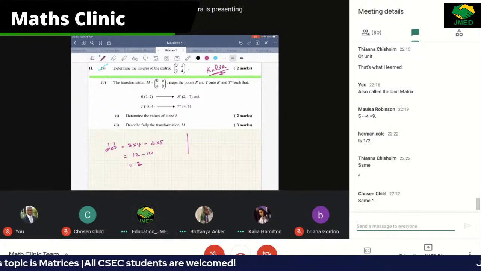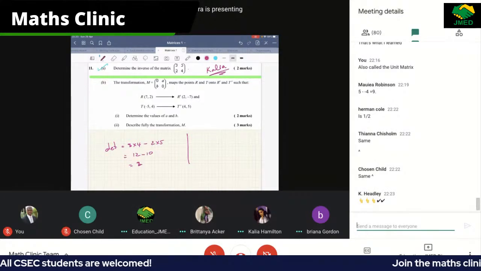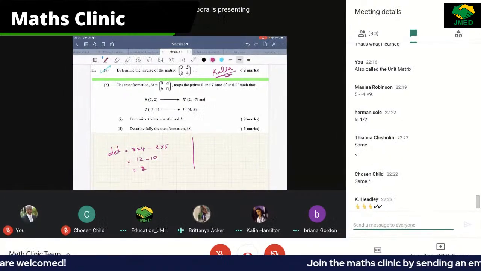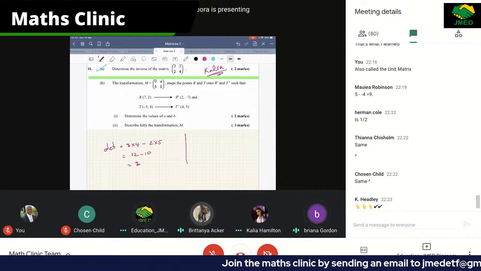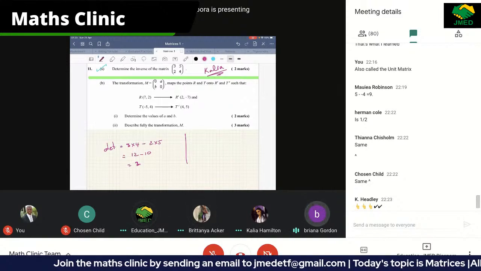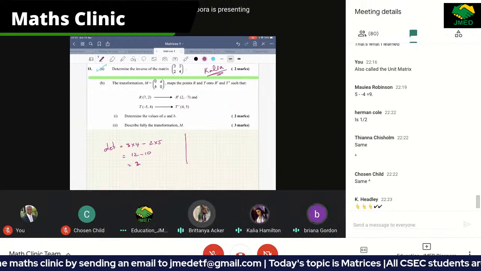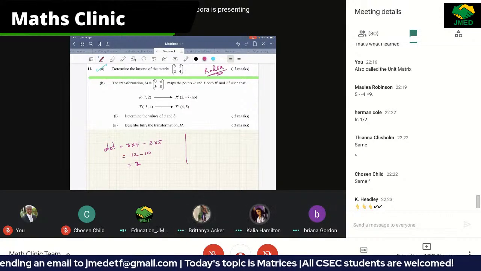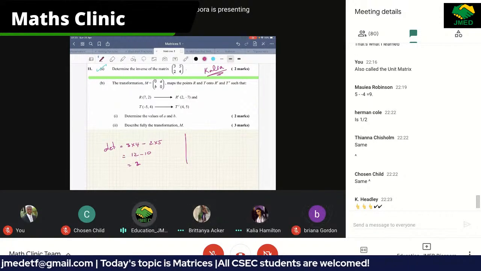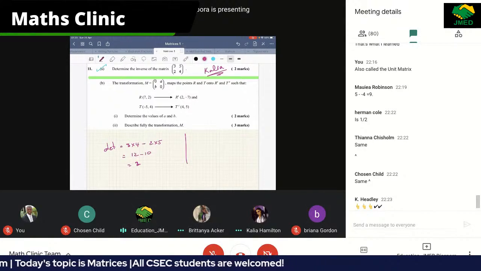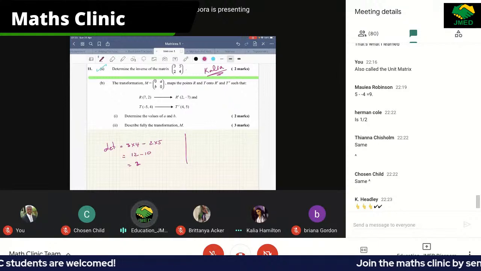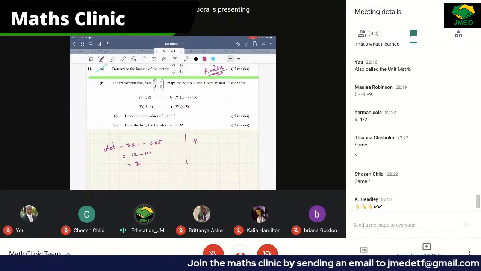Adjoint? So you're going to switch the elements for the leading diagonal, and switch the sign for the minor one. So there are 2 different tasks that need to take place. We're going to switch the elements of the main diagonal, so I'm going to put 4, 3.